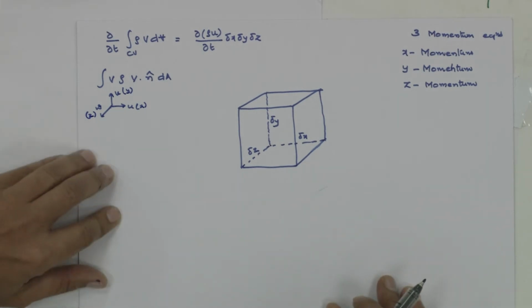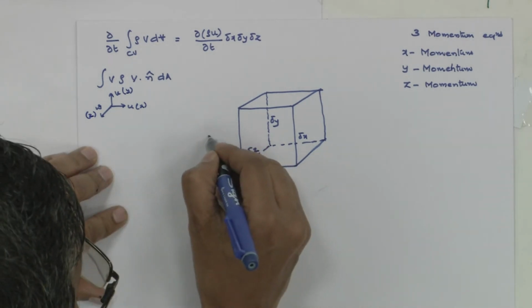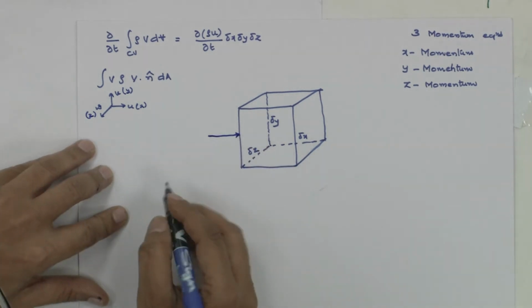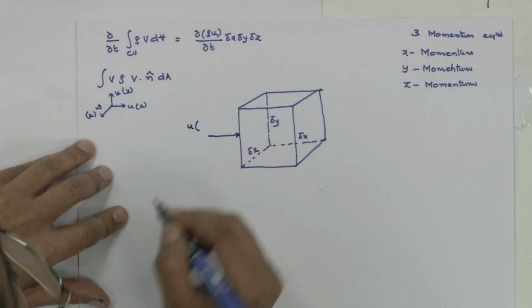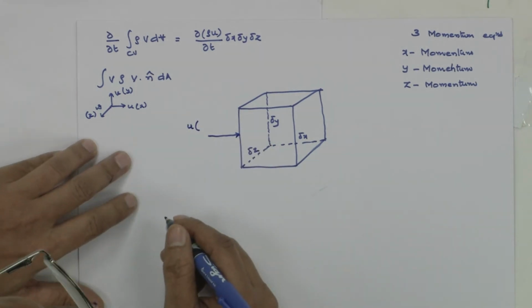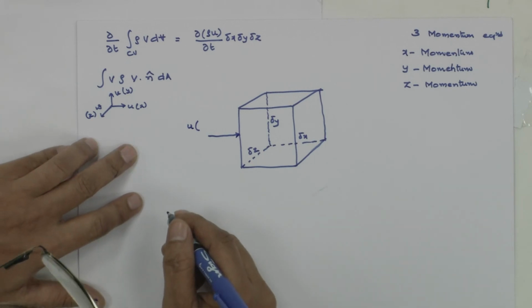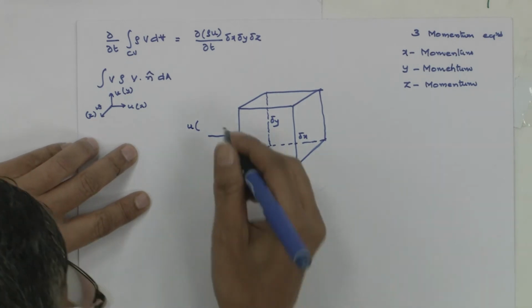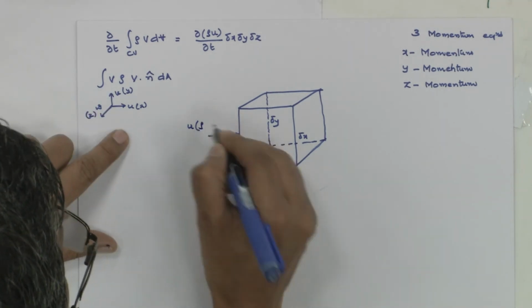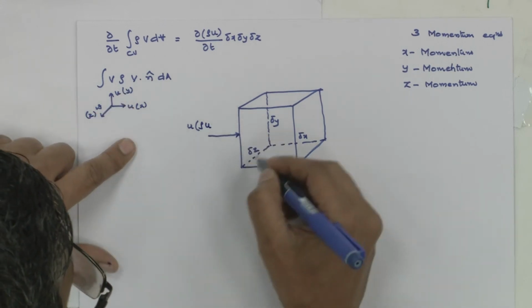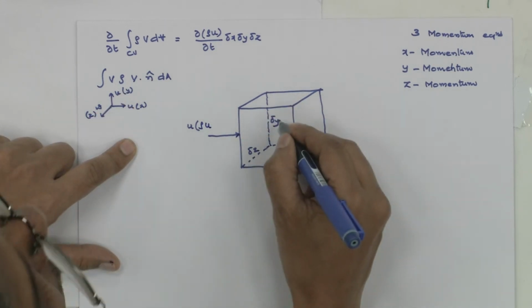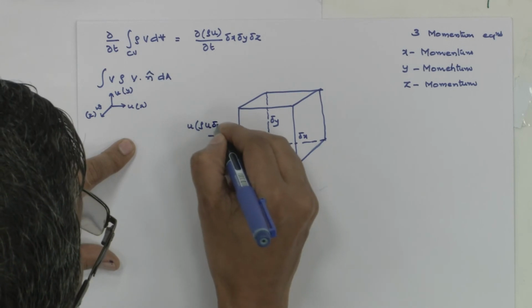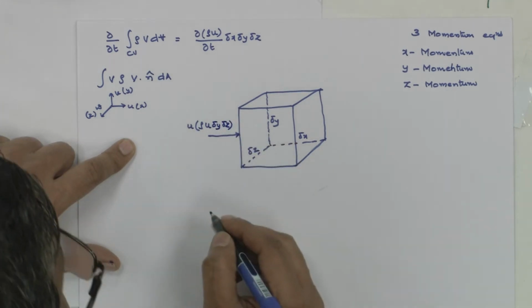Okay. So, the momentum in the x direction is velocity u into the mass flow rate in the x direction. So, what is the mass flow rate in the x direction? Rho, velocity u, area in the x plane, delta y, delta z.